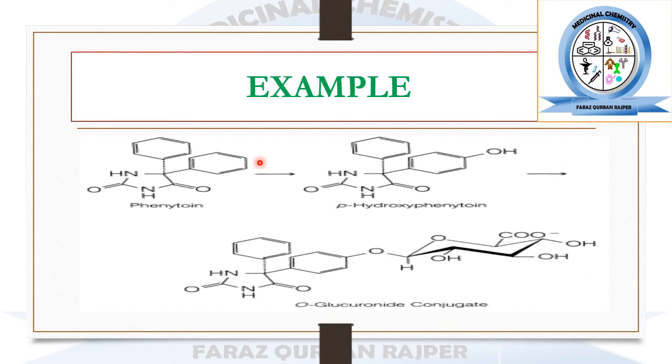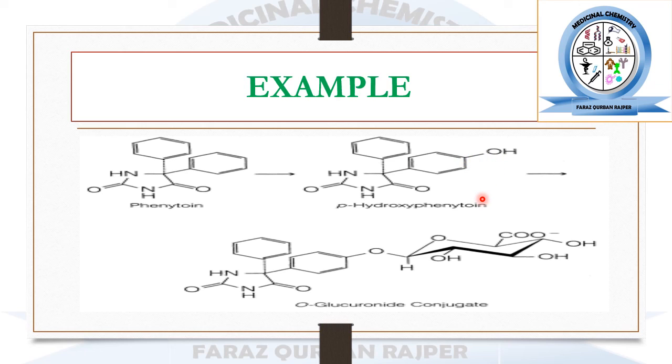So this is the example diagram showing the metabolism of phenytoin. So this is the chemical structure of phenytoin. In this you may observe there are two aromatic rings, that are the benzene rings. So it is crystal clear that it will undergo aromatic hydroxylation. So now in the first step, that is the phase 1 oxidation, phenytoin is converted into para-hydroxyphenytoin. Para-hydroxy refers to the hydroxyl functional group being introduced in the aromatic ring at the para position.